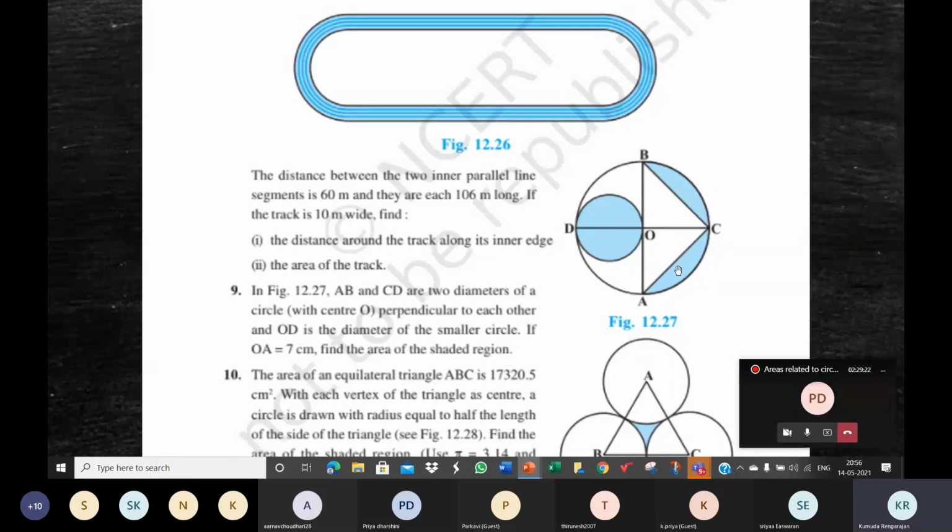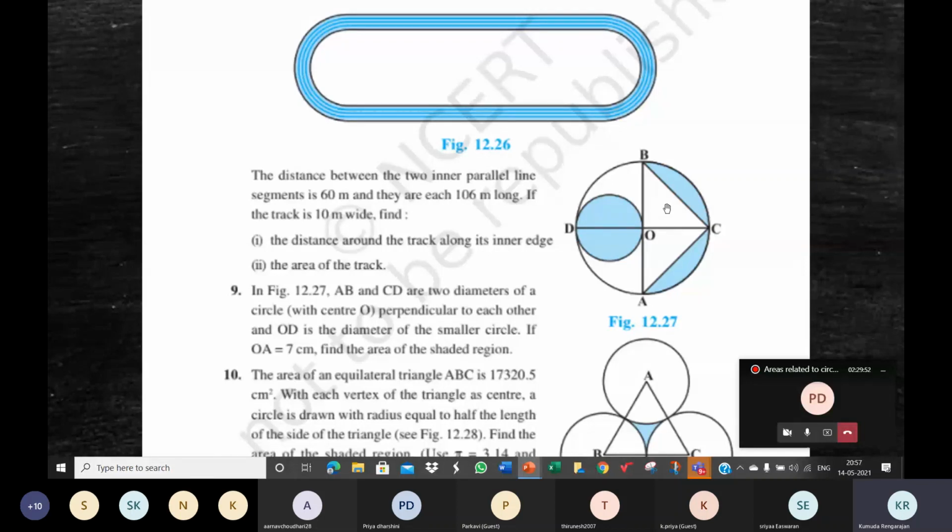On this side, area of the semicircle minus the area of the triangle. You can regard this as one triangle. This will give us the area of the shaded region here. Then plus the area of the circle.